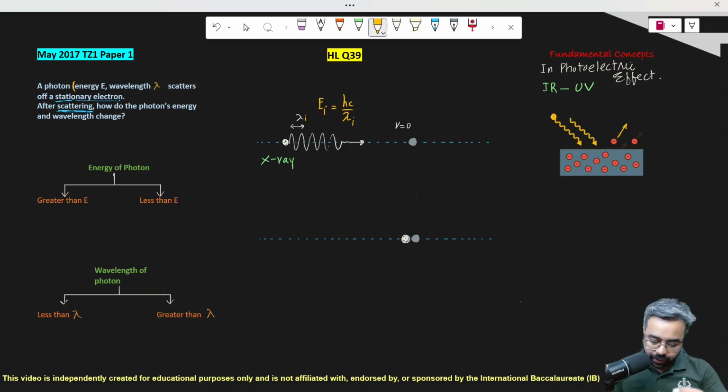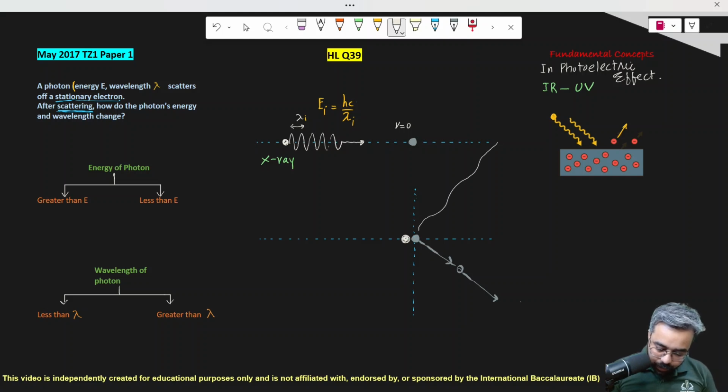So when it hits the electron, as you see in the second diagram, what happens is that the energy of the electron drastically increases, and the electron recoils, I mean the electron moves in some other direction, like this, according to the Compton effect experiment. Whereas the photon does not deliver 100% of its energy, unlike the photoelectric effect, it scatters. So how does it scatter? It scatters with a longer wavelength.